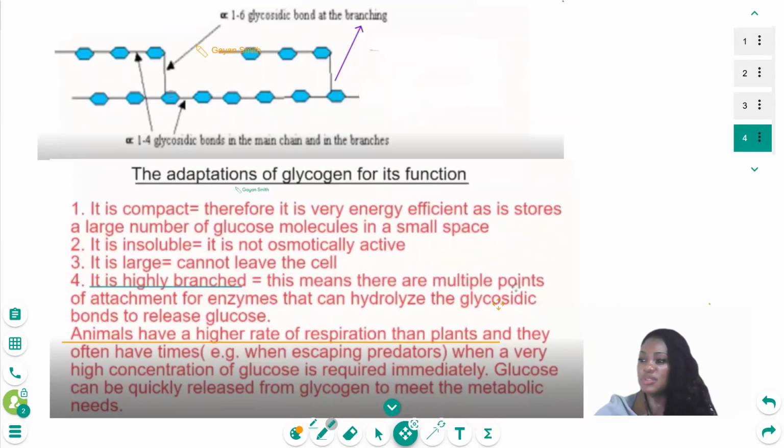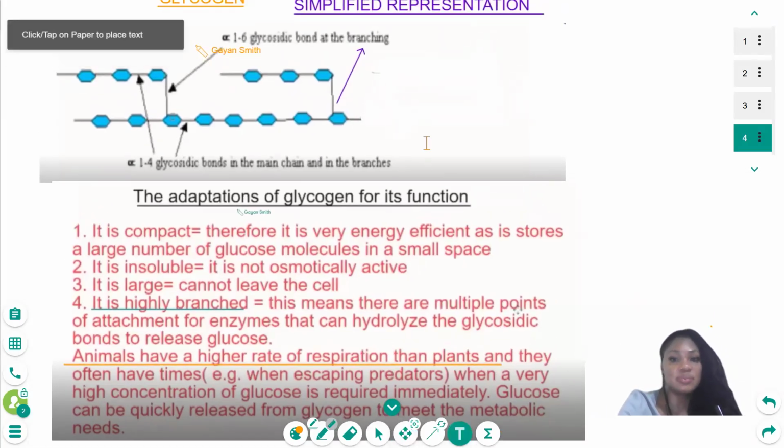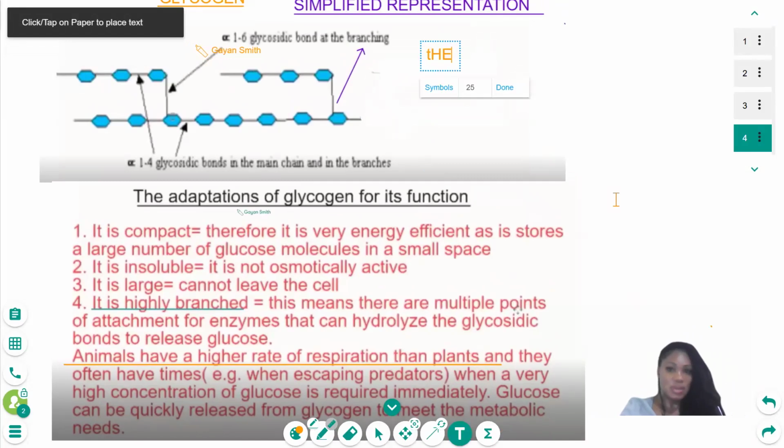So for glycogen now, I'm going to tell you how often it has a branch. And that's about the only difference between them. So glycogen has a branch after every 8 to 12 glucose units. So let's make a note of that.